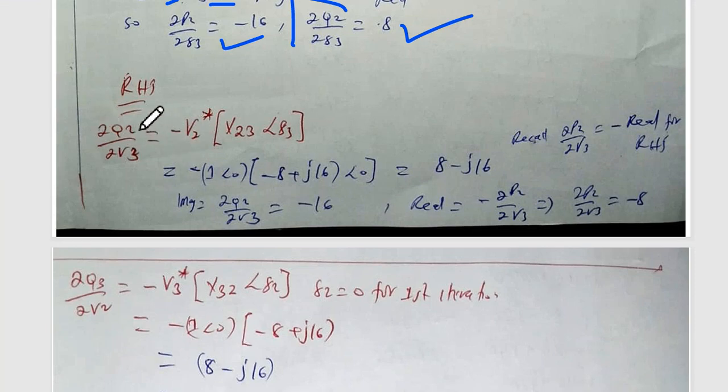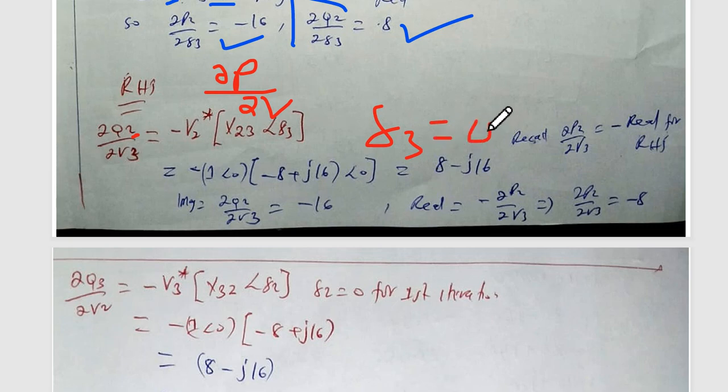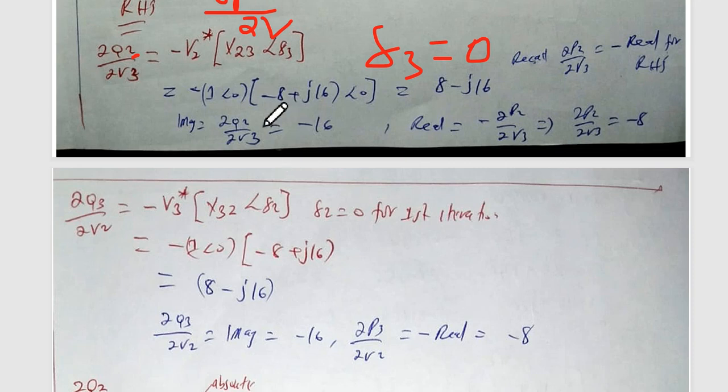easy ones, partial Q2. Remember, this is the right hand side, the one where it is partial P and partial V. So the partial P2 partial V3 is negative of V2 into conjugate of Y23 at an angle del 3, but del 3 is equal to 0 for the first iteration. So that's very easy.